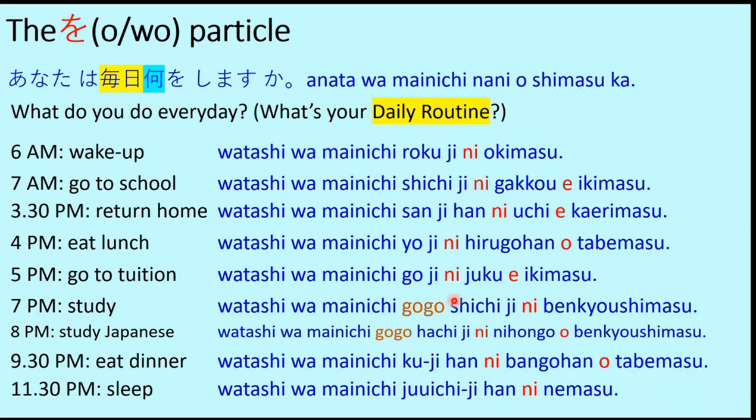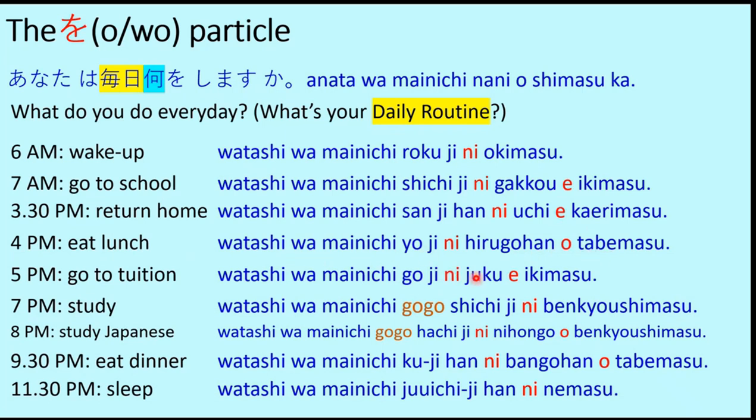So in this way, the daily schedule is expressed here. This is a very good practice. You can replace all this with your own daily routine, and you can practice similar sentences by writing them down. You can think of all other activities that you do during the day and look for the correct verbs and objects, and then you can form your own sentences like this.